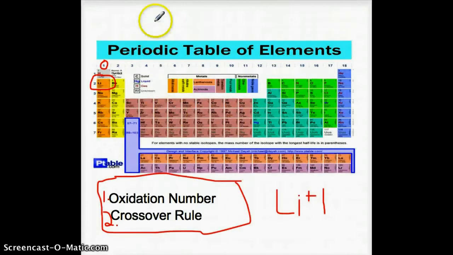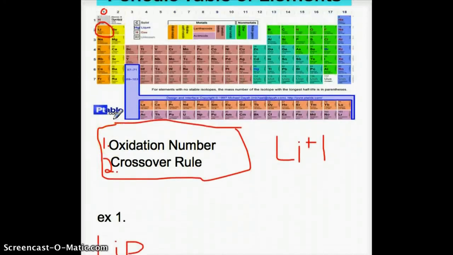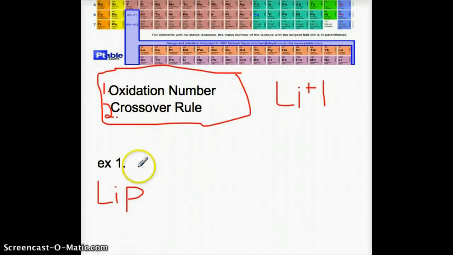Using our periodic table, lithium falls under group 1, and lithium is right here. If you take a closer look at the periodic table, you will see a +1 to the top right of lithium. Therefore, this is its charge and its oxidation number. So let's write +1 at the top right of lithium.